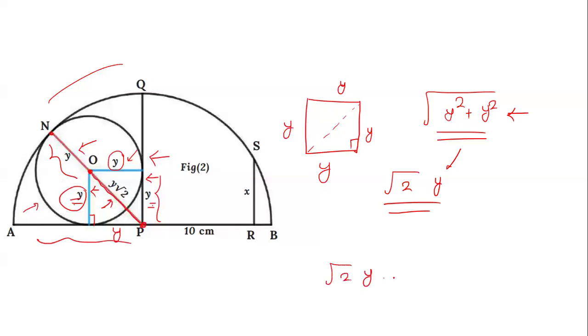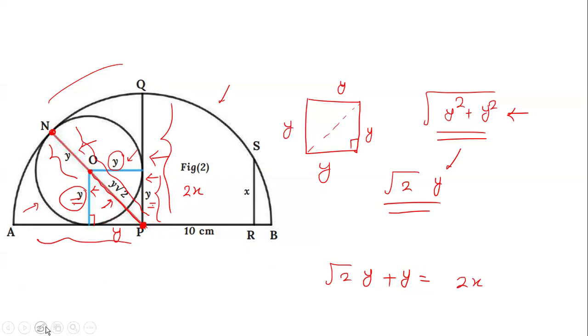So root 2 times y plus y, this whole distance is equal to the radius of this bigger semicircle. P is the center and N is the point on this semicircle, so this whole distance is equal to the radius, which initially we assumed to be 2x.